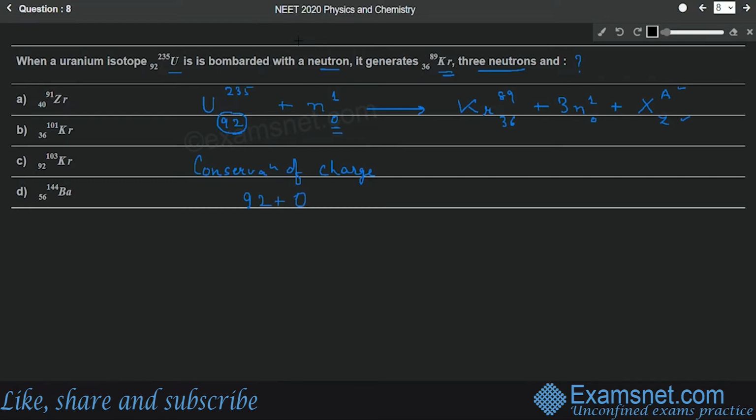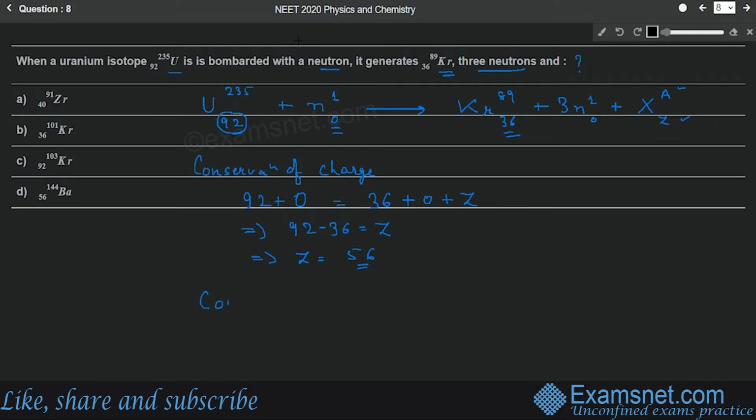So 92 plus 0 will be equal to 36, that is the atomic number of krypton, plus 0 plus the atomic number of element X, that means Z. Let's equate this. 92 minus 36 will be equal to Z. On solving it, we'll get the value of Z as 56. So the element will have atomic number 56.